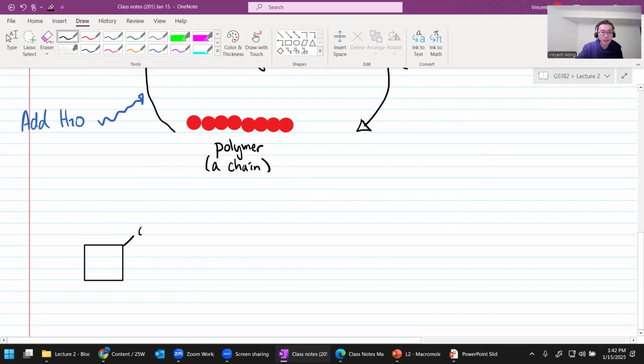Let's do one. Let's say we have a square here, and then we will draw a triangle with an OH. Let's say you want to put them together. Let's think about what the result will look like.